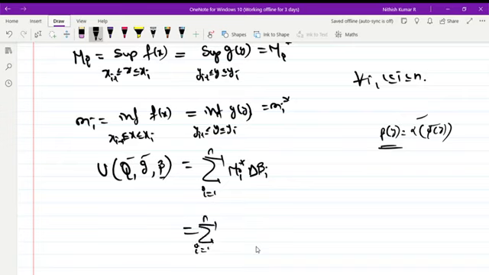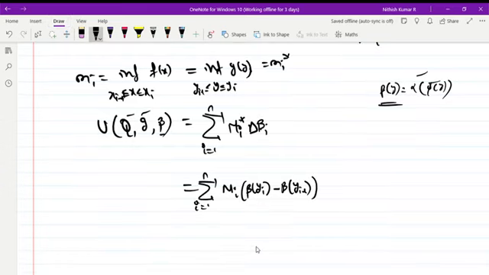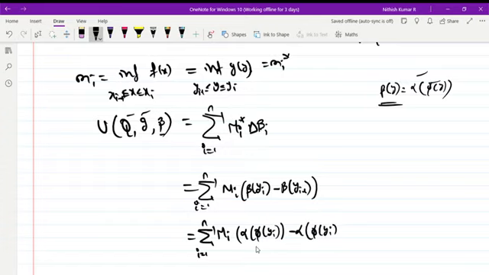Which is nothing but the summation i equal to 1 to n of capital Mi, because Mi star is also equal to Mi, into delta beta i, which is beta of yi minus beta of yi minus 1, which is again equal to the summation i equal to 1 to n of capital Mi into beta of yi, which is nothing but alpha of phi of yi, minus alpha of phi of yi minus 1.